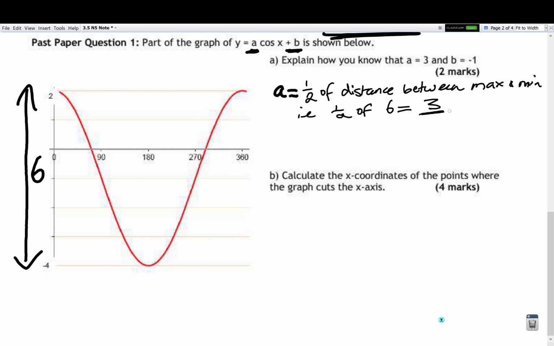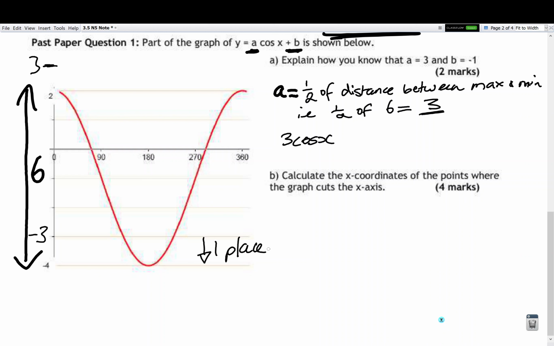How do we know that b equals -1? Well, if we had 3 cosine of x, it would usually start at 3, have a maximum at 3, and have its minimum at -3, but we can see that both of those values are 1 below what they should be for 3 cosine x. So therefore the whole graph must have been shifted down one place, which means that the value of b must be -1.